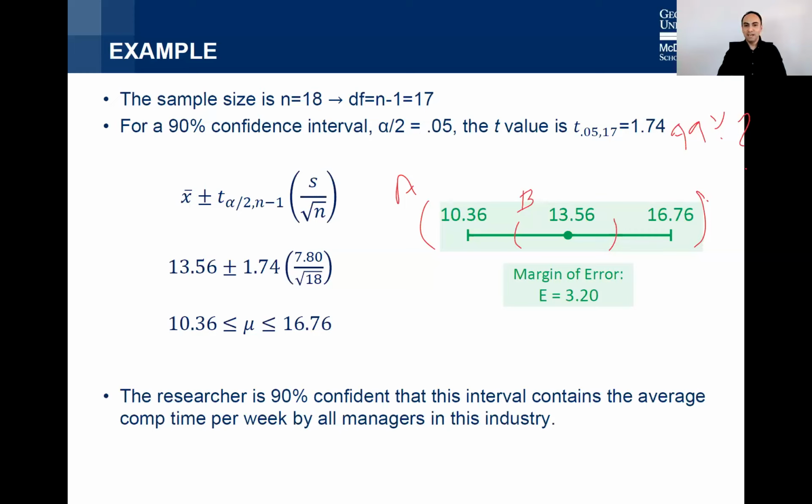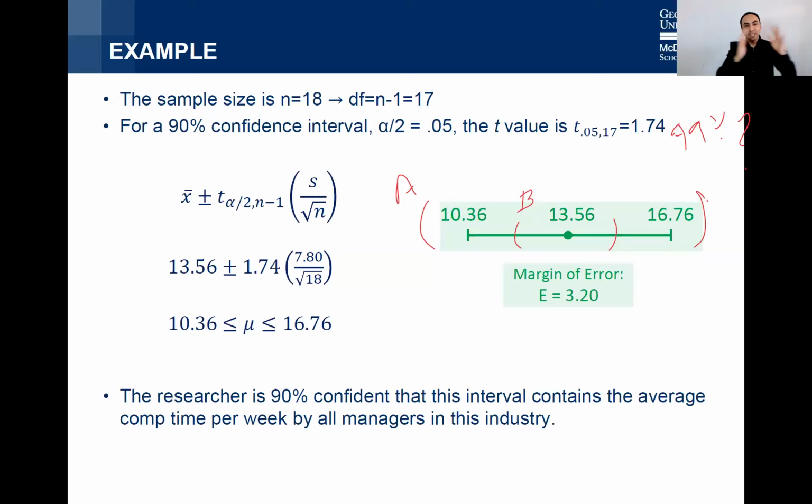If you want to be 99% confident, the whole range would increase. And there is always one good way of thinking about it. If you really wanted to be 100% confident, what range would you give? The widest range. If I told you that I'm 100% confident that the average comp time for all managers is between 0 and 100, probably that was a correct statement.